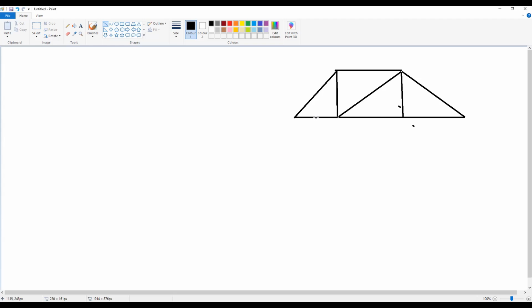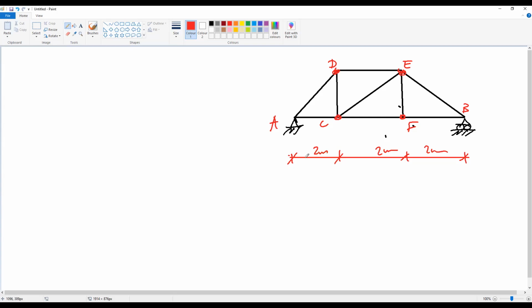Okay, and we have the supports, hinge and roller support, and we have A, B, C, D, E, F, and the distances are 2 meter, 2 meter, 2 meter, and the distance is 2 meter.